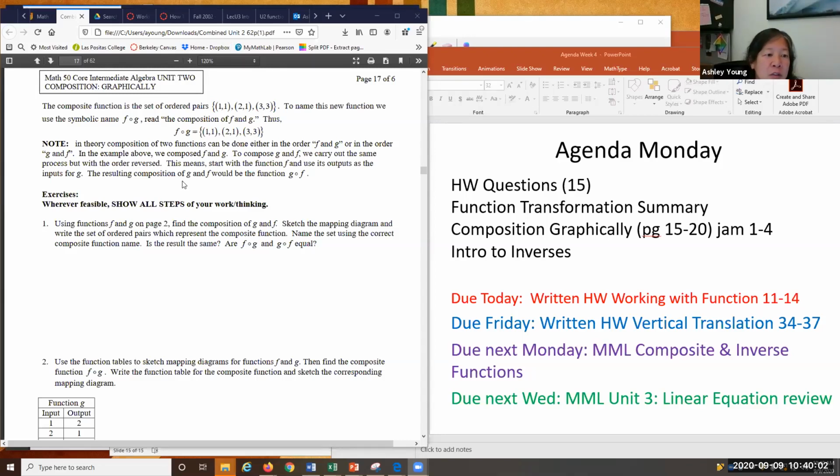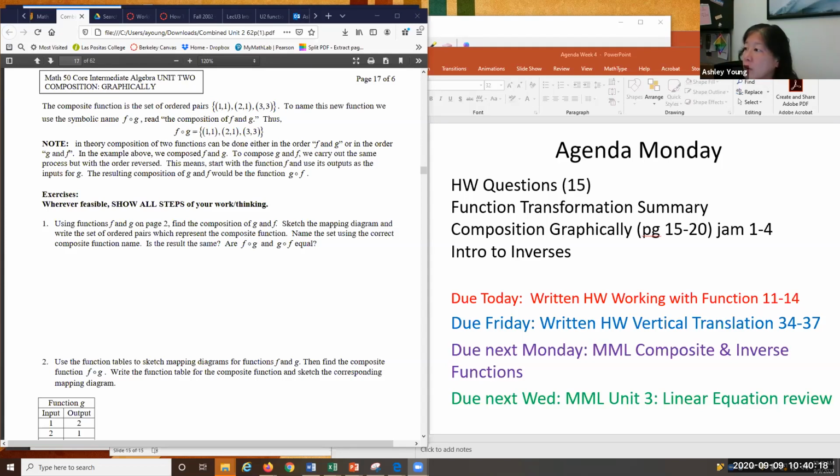All right, so this is F, and G goes first. Think of it like this: the one that's closest goes first. Like I said, I like to rewrite this right away.